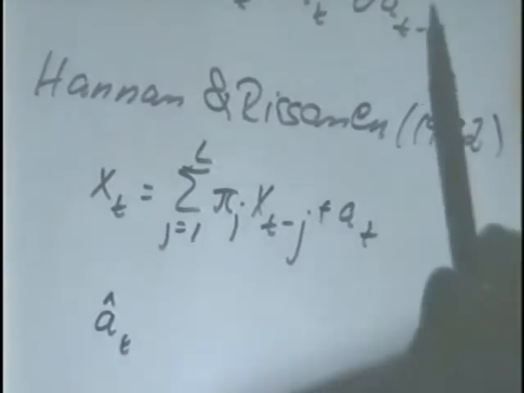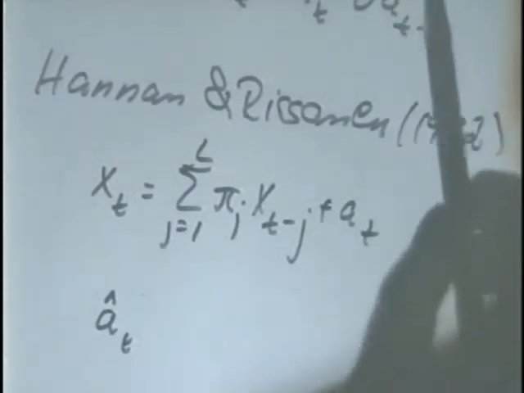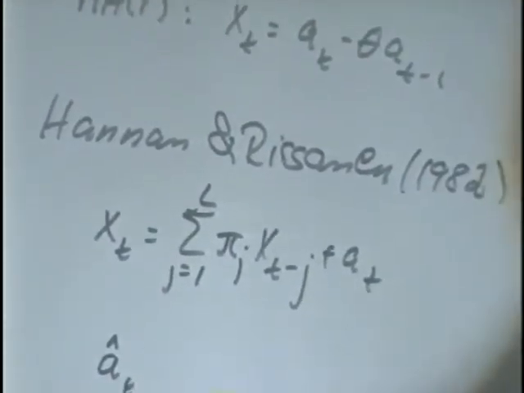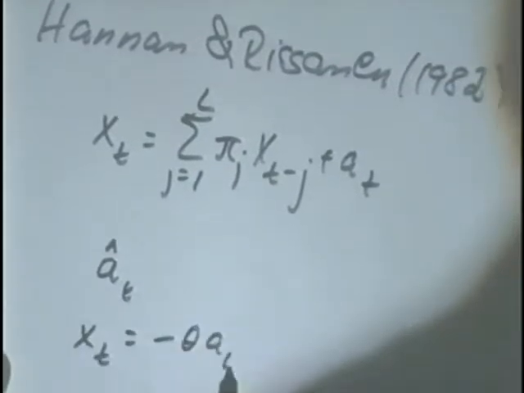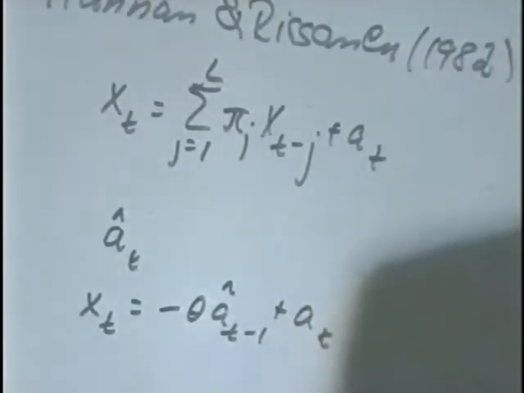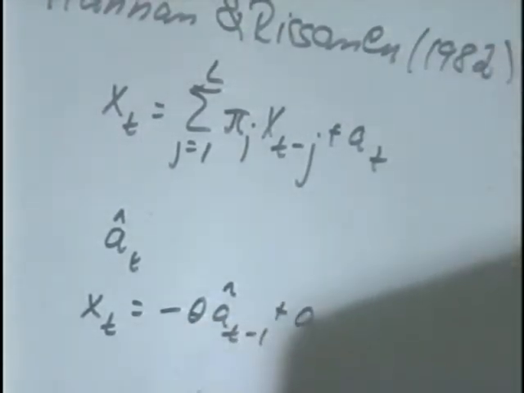And then these can be plugged in here in this fashion: Xt is equal to minus theta at minus 1 hat plus at. And in this way we can obtain the least squares estimate for theta.